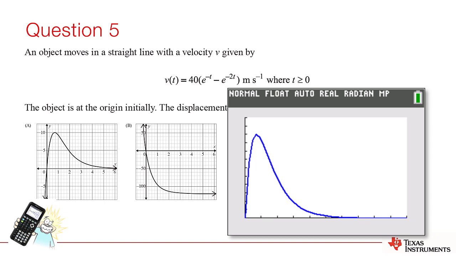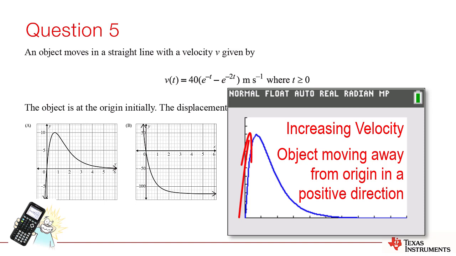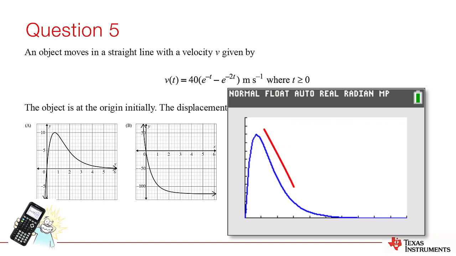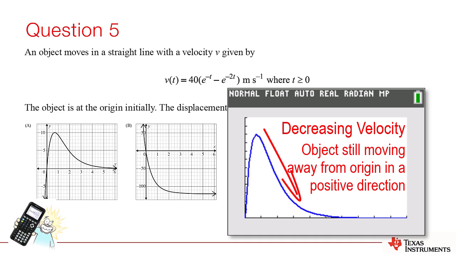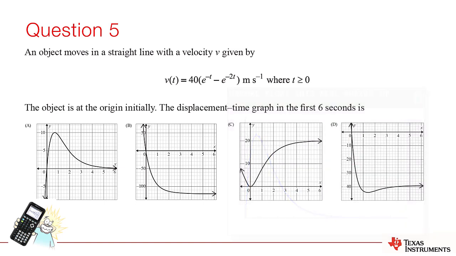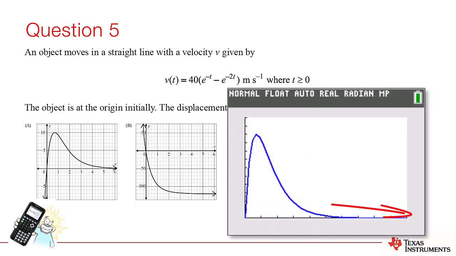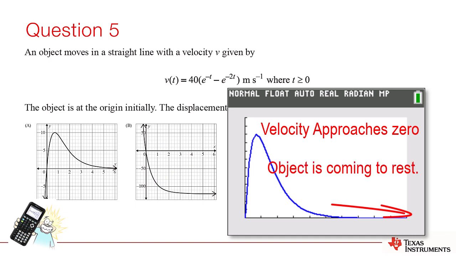We can see that the object moves away from the origin rapidly and in a positive direction. Graphs B and D, therefore, have the object moving in the wrong direction. As time progresses, the velocity approaches 0, so our object is coming to rest, its position barely changing.